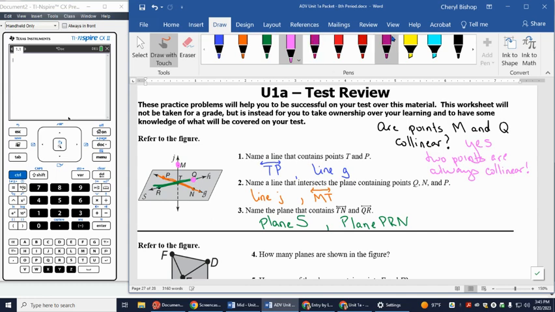Okay? One more question I want to ask you about this picture. Are points M, P, and R coplanar?